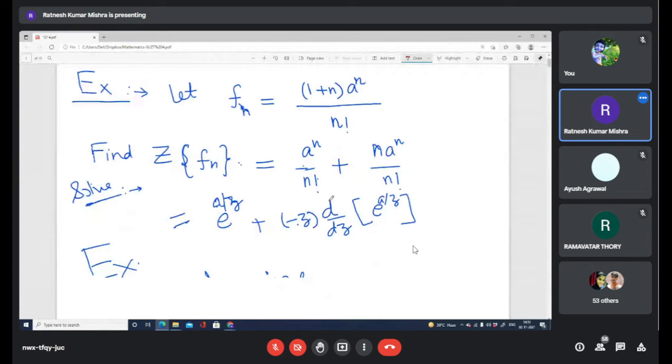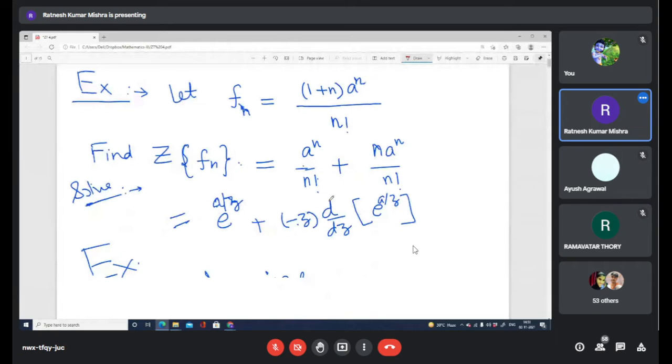So write Fn star Gn, this is summation k equal to 0 to n, fk and g of n minus k.